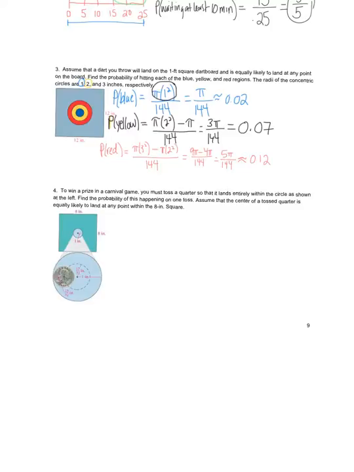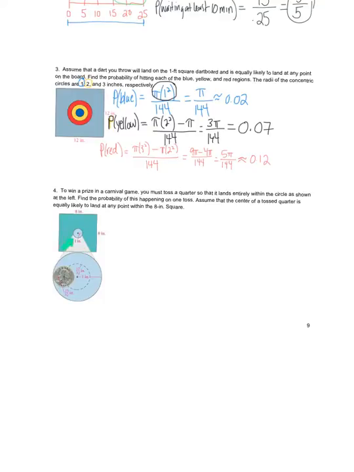So I need this quarter here to land in this circle here entirely. That means that the center of this quarter needs to land inside this dotted circle here in order for the quarter to be completely inside this blue circle that they're talking about. But the total region would be this square, 8 by 8.